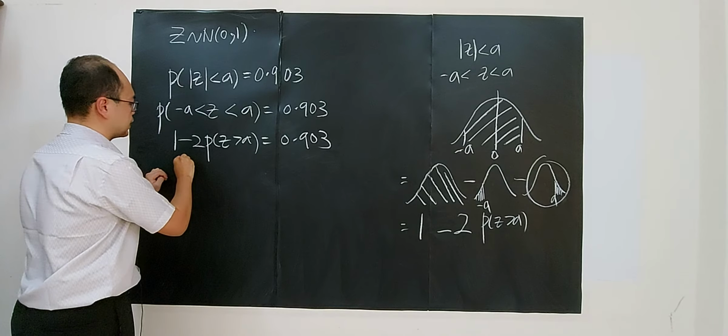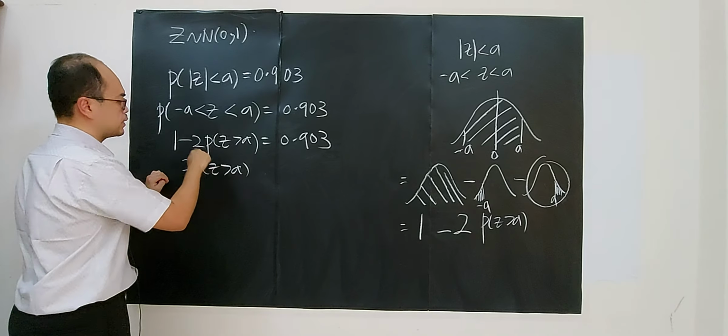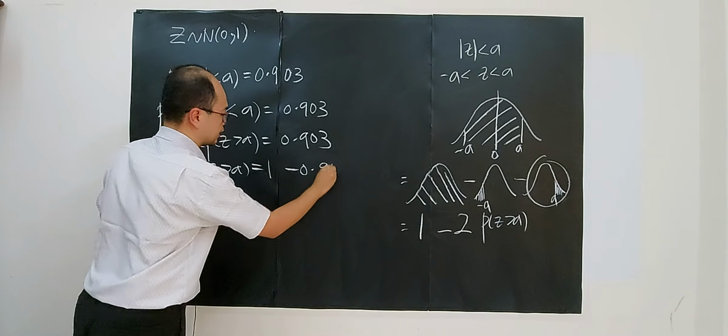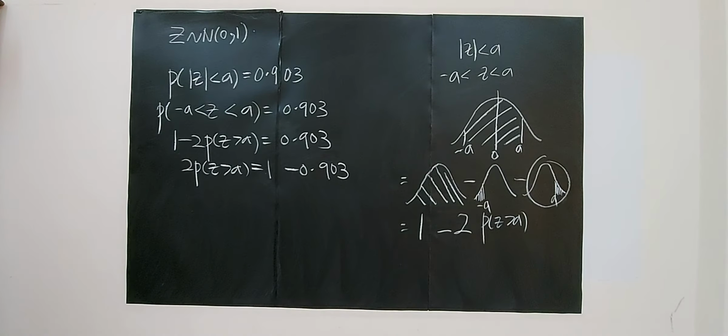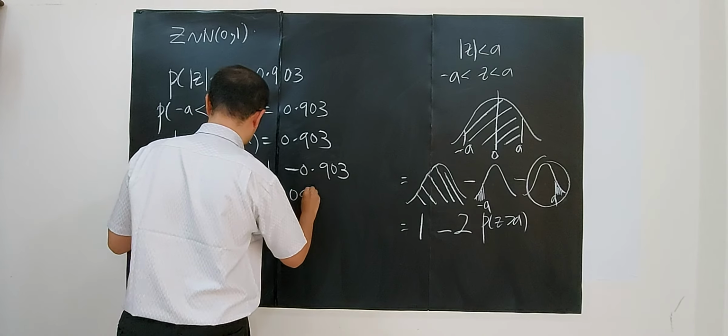So 2 P(Z > A) is the same as 1 minus 0.903. If you calculate this, you are getting 0.097.